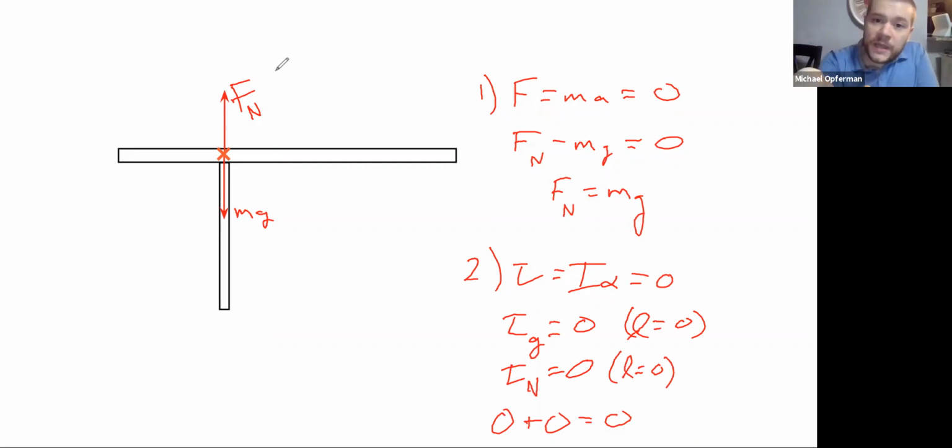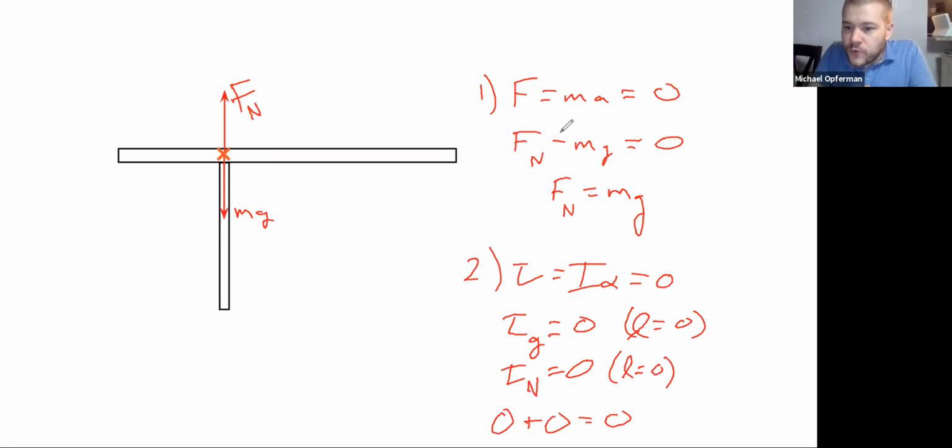But one thing which might not be so obvious with static equilibrium problems is this: since the object is not actually rotating, there isn't one unique choice of axis of rotation that makes perfect sense and that you have to use.